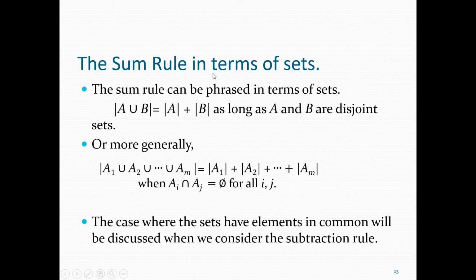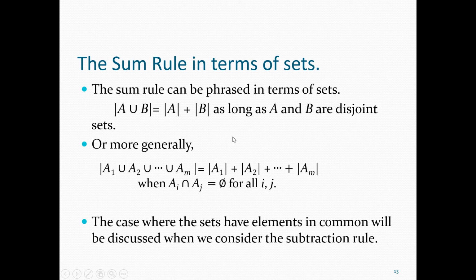The sum rule in terms of sets: in A union B, this OR actually represents union. The order of A union B is the order of A plus the order of B. Or if we have m sets, then the order of A1 union A2 union up to Am is equal to the order of A1 plus the order of A2 up to the order of Am.